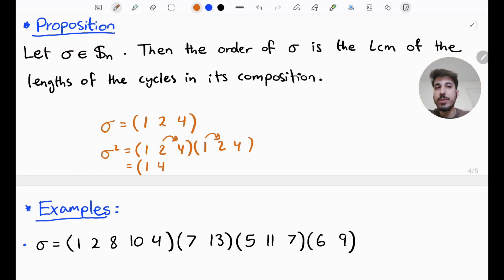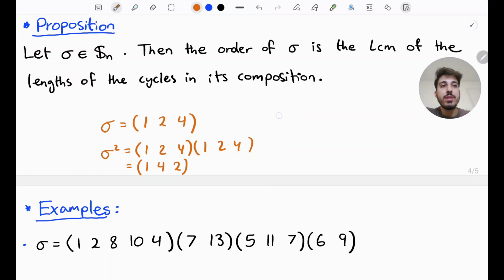Now let's see what happens with 4. 4 goes back to 1 and 1 goes to 2. So 4 goes to 2. And lastly, we have that 2 goes to 4 and 4 goes to 1, completing the cycle. So sigma squared gives us (1 4 2). That is clearly not the identity. So we need to go with a larger power of sigma.